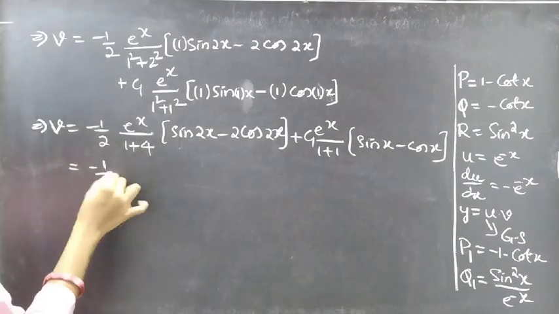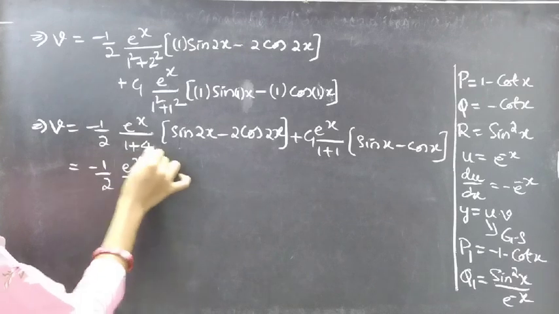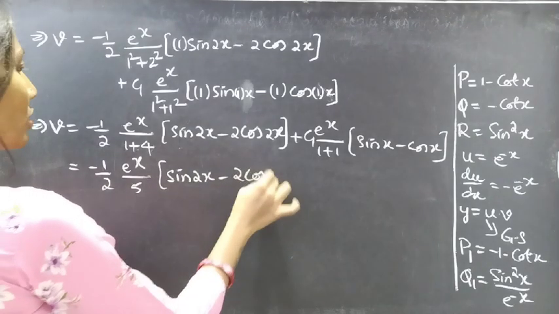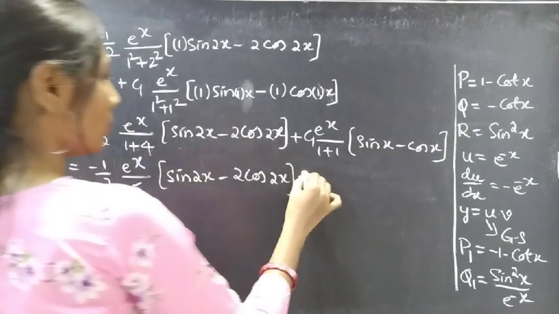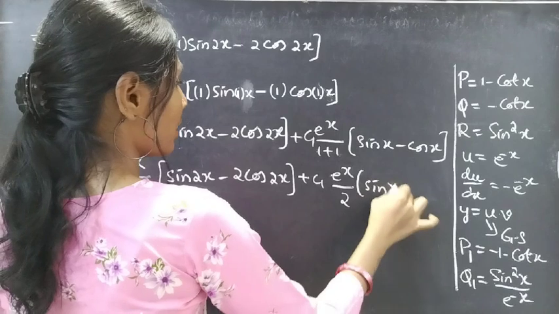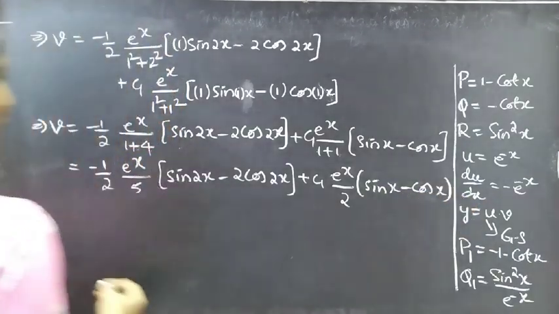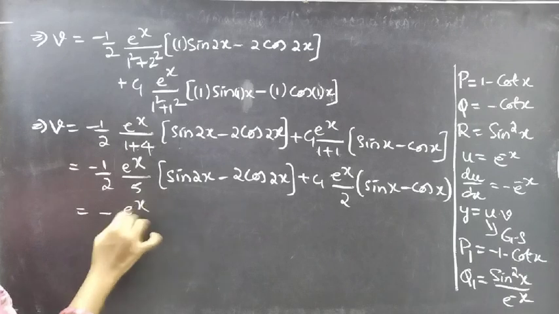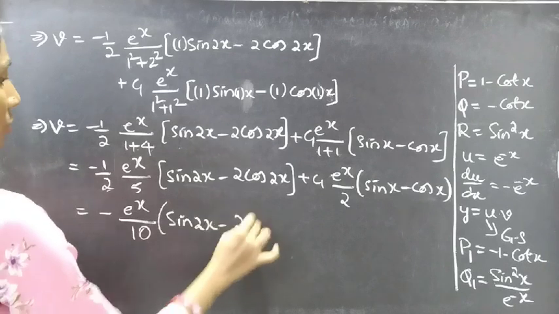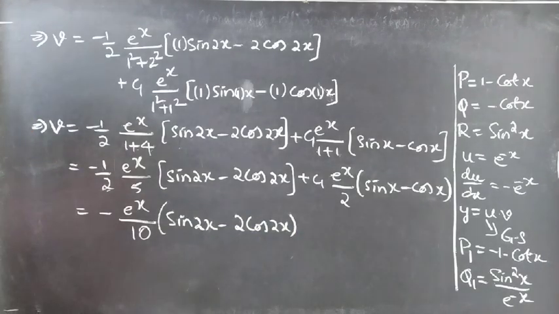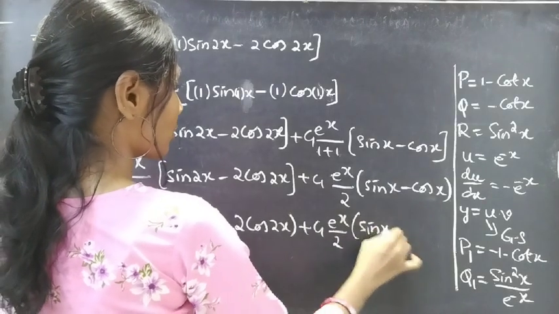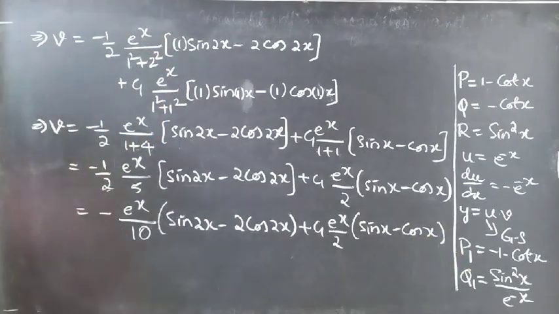Then this becomes minus 1/2 into e^x by 5 into (sin 2x minus 2 cos 2x) plus c1 into e^x by 2 into (sin x minus cos x). This equals minus e^x by 10 into (sin 2x minus 2 cos 2x) plus c1 into e^x by 2 into (sin x minus cos x).